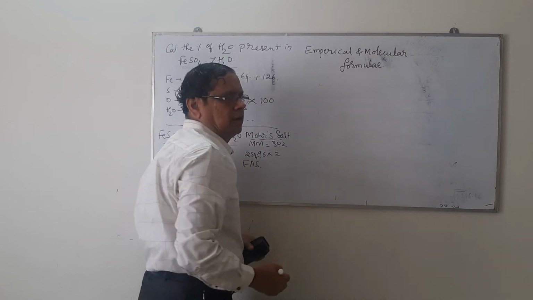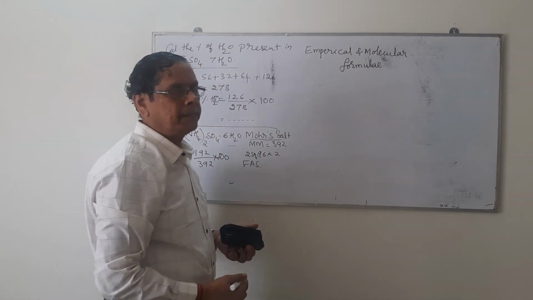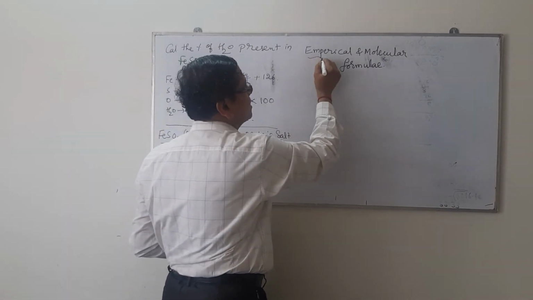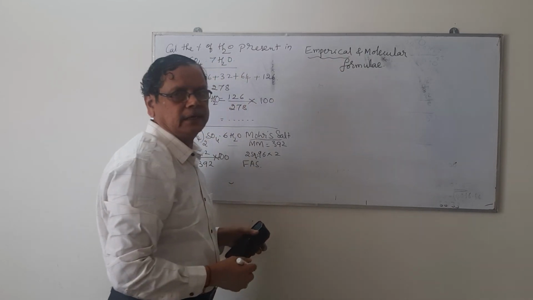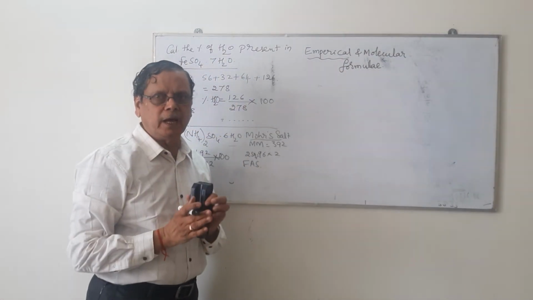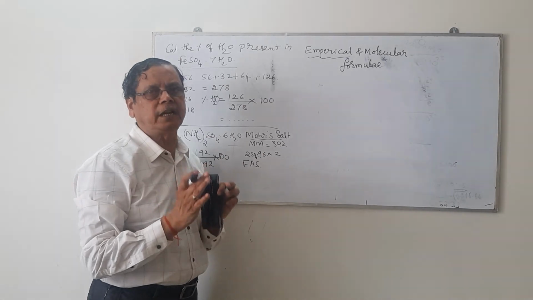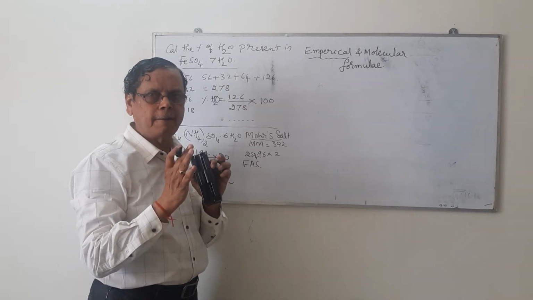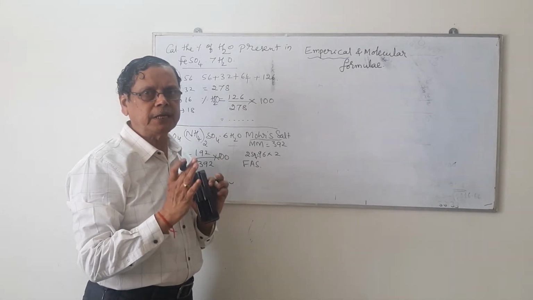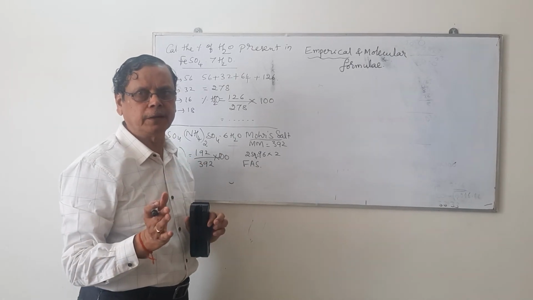Singular formula, plural formulae. So let us see what this empirical formula is actually indicating. Empirical formula indicates the simplest ratio of the atoms of the different elements present in one molecule of the compound.